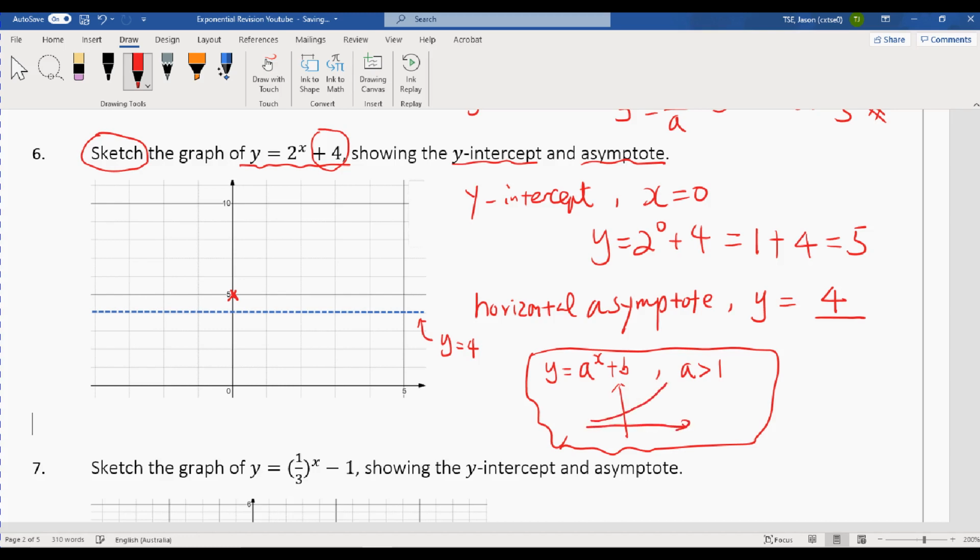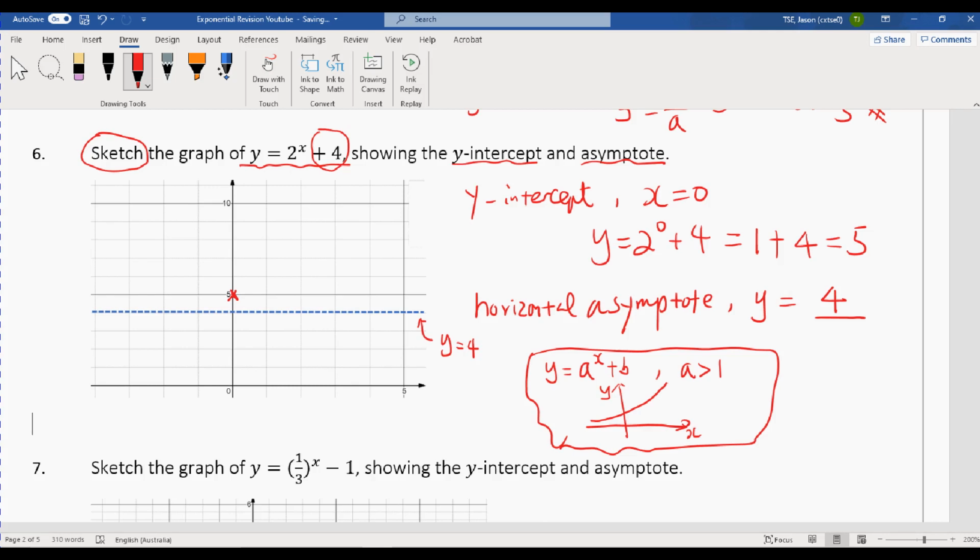It must be an increasing graph. It's a growth graph, right? So in that case, since 2 is greater than 1, obviously it should be rising. So how can we draw the graph? In my case, it's a bit difficult for me to draw because I'm using electronic pen. So I might need to get a few extra points to help me if I want to draw it accurately.